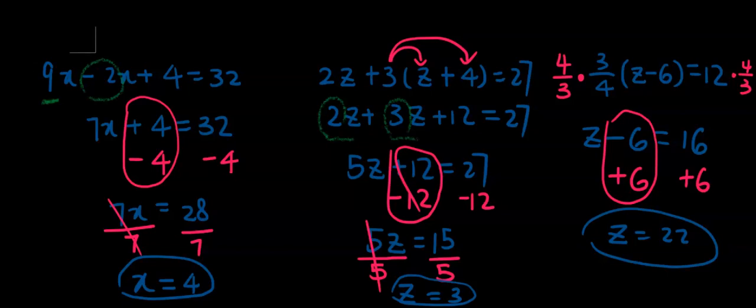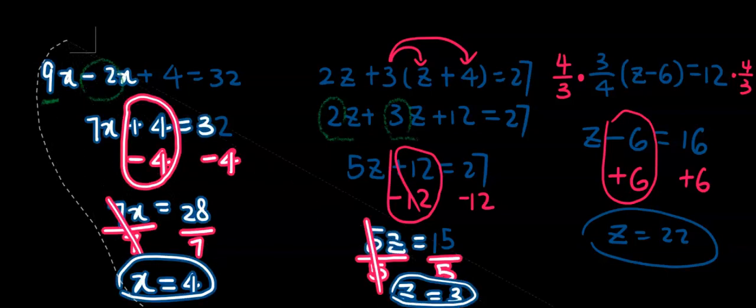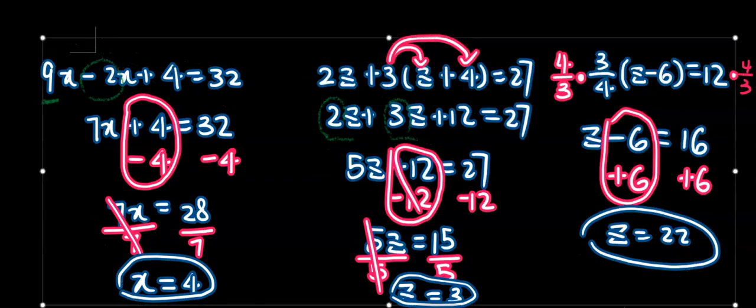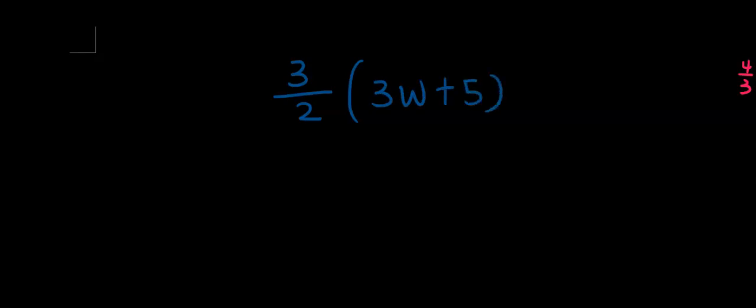All right, I'm going to give you one practice. You can try it and see what you get, okay? All right, the practice is this. I'm thinking I'll give you 3 over 2 times 3w plus 5 equals negative 24.